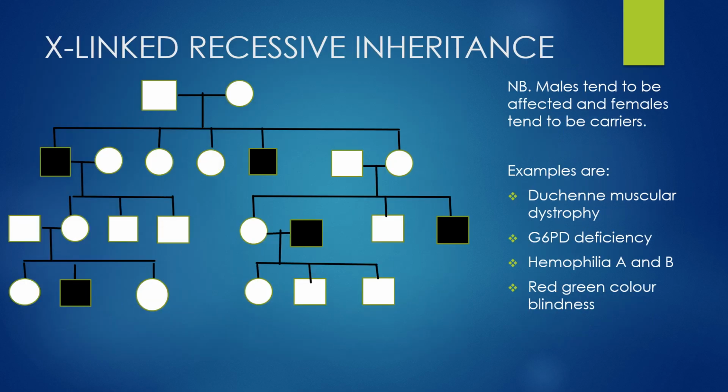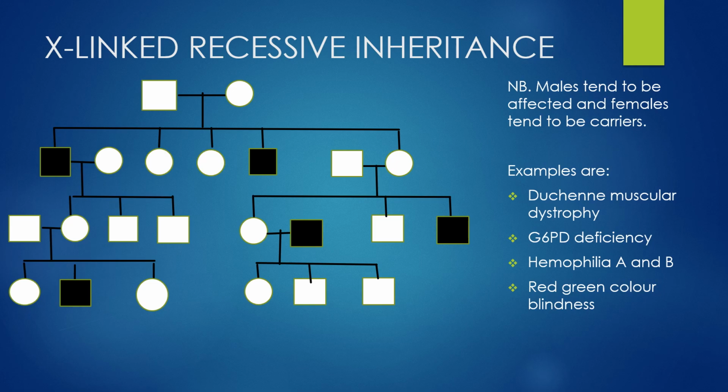The next type of inheritance we will be looking at is X-linked recessive inheritance. Now, I want us to take note that in X-linked recessive inheritance, males tend to be directly affected and females tend to be carriers. This is because, like I said earlier on, males have only one X chromosome, and so that chromosome that they inherit will cause them to express whatever disease or traits they inherited physically.